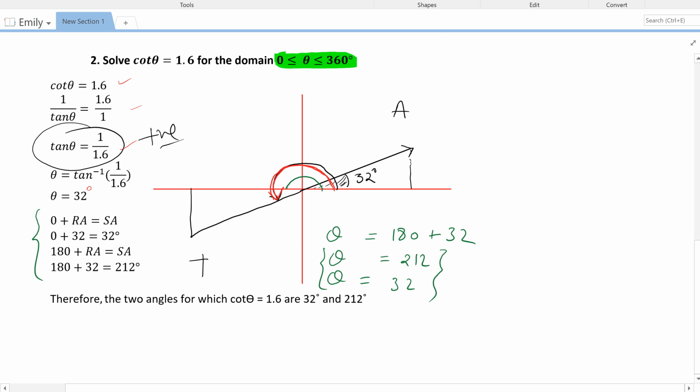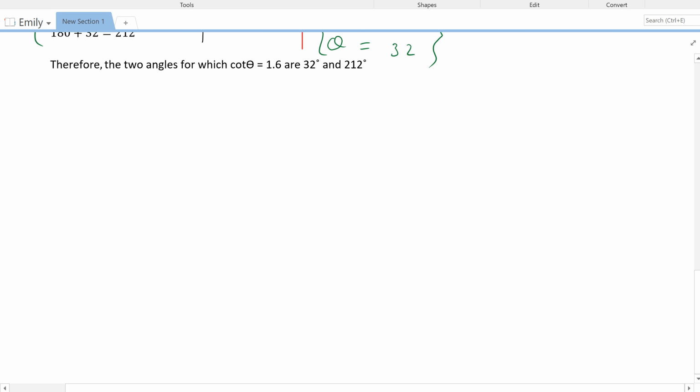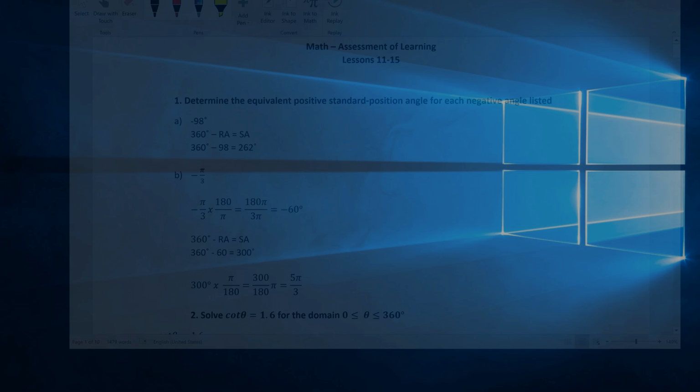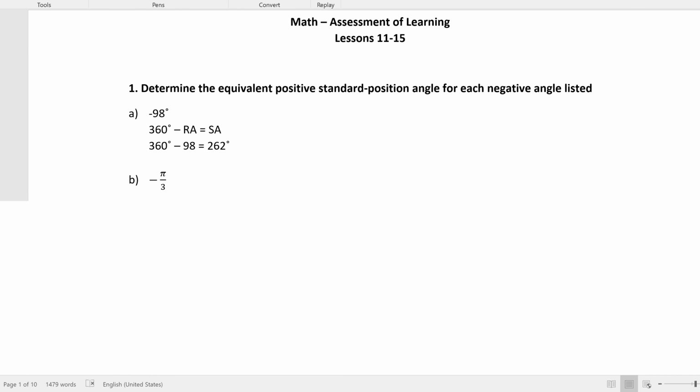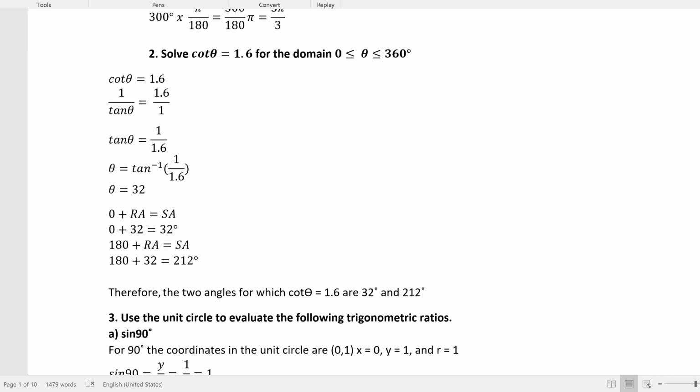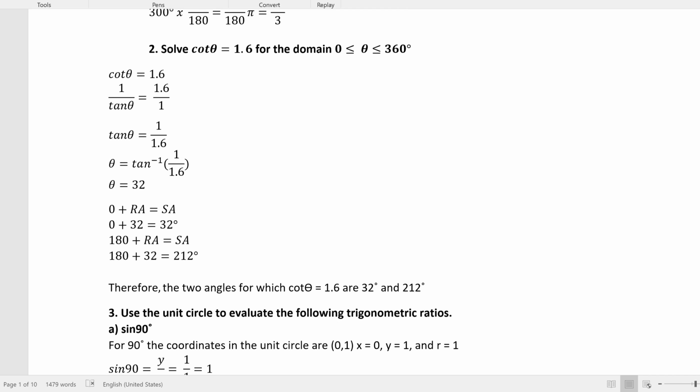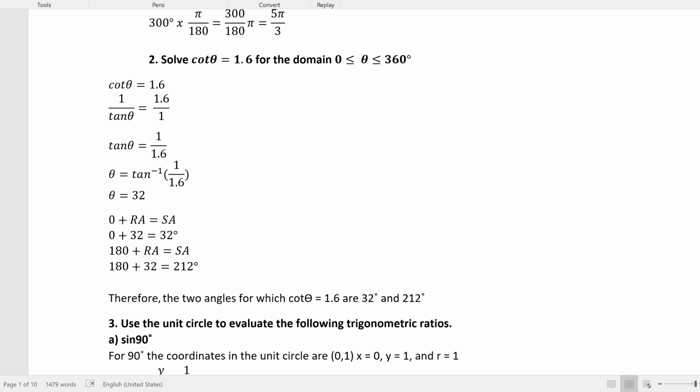Alright, so that was number 2. The domain that they gave you is between 0 and 360. Sometimes they're going to ask for a bigger domain, and instead of 360, they're going to write 720.